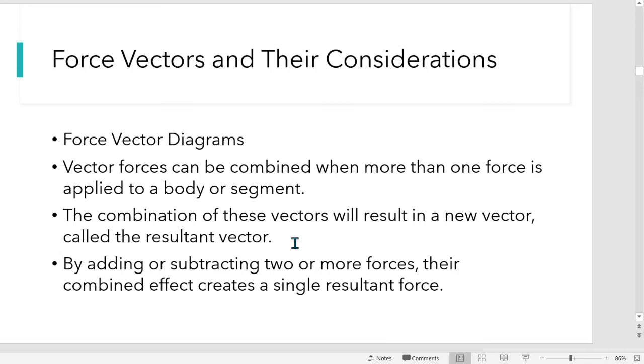You add using head to tail or parallelogram, but we have those in our algebra as well as in our applied physics. By adding or subtracting more forces, their combined effect creates a single resultant force. So that is what we do with vectors, di ba?